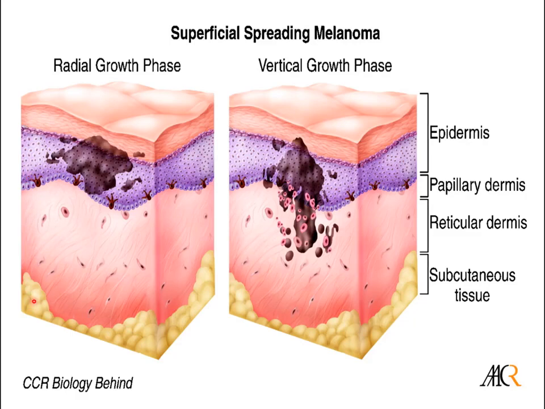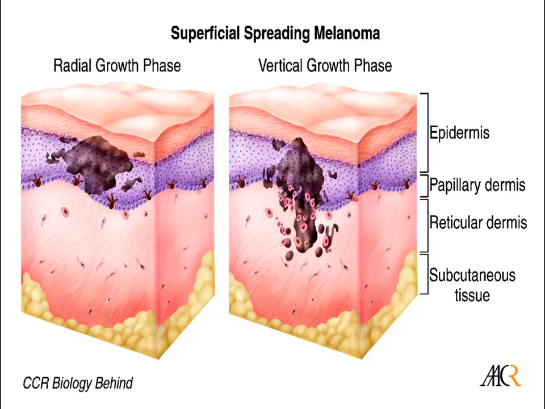In the radial pattern of growth, the growth is horizontal, with no invasion of the basement membrane and no cells reaching the dermis. So the lesion in the radial pattern of growth is in situ, inside the epidermis only.